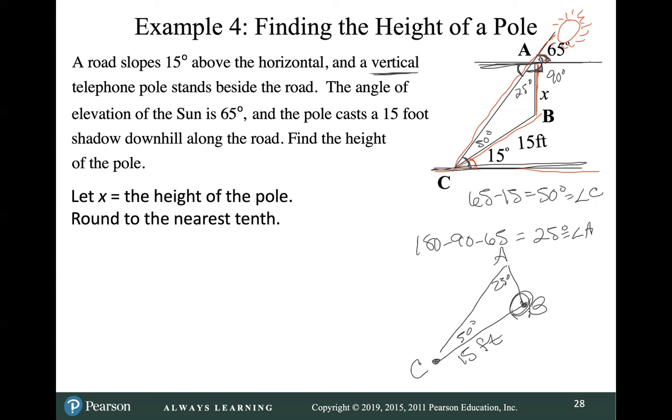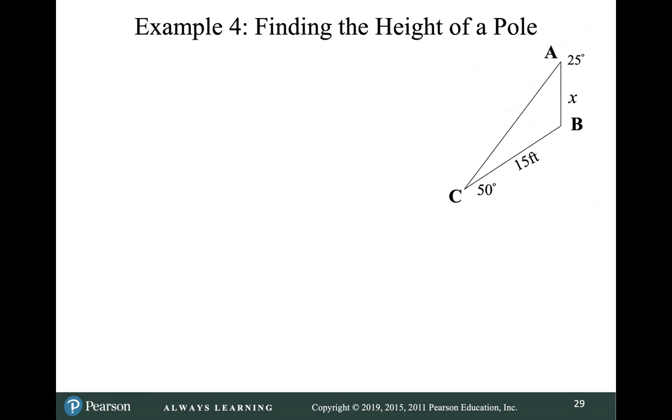Okay, so let's see if we can solve this. I gave myself a little bit more space here. So we have a 25-degree angle here, and a 50-degree angle here.